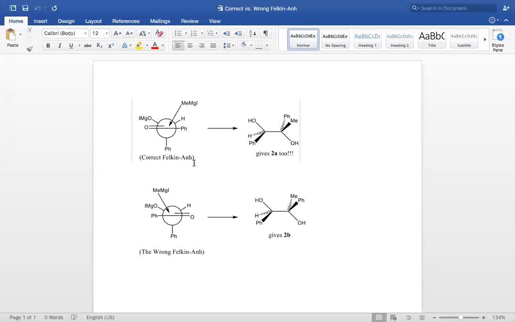Then you decide the attack from 107 degrees. This is very similar to the tetrahedral bond angle. If you say 109, is that okay? Yes, 109 is also okay because you will draw it the same way. So pathway 1, 2, and then 3, 4, it is this one that is considered correct Felkin-Anh.